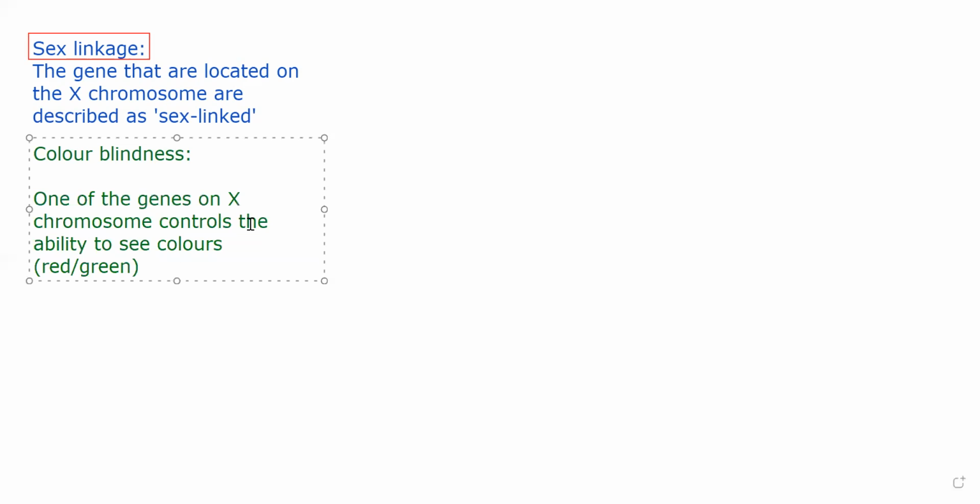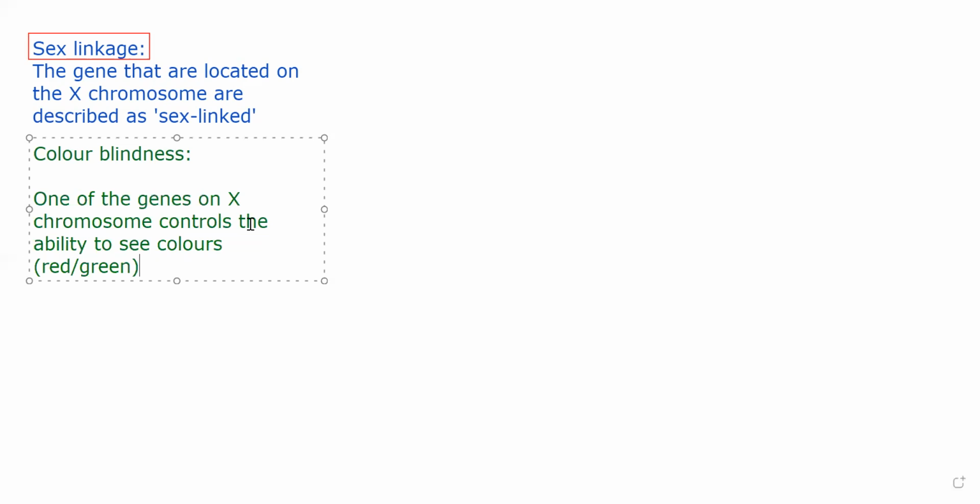Now, what is going to happen? These genes will be in the receptors known as cones. Where are these cones located? In the retina of the eye. Now there is an allele of this gene which does not produce a protein necessary for color vision. So the allele is recessive.